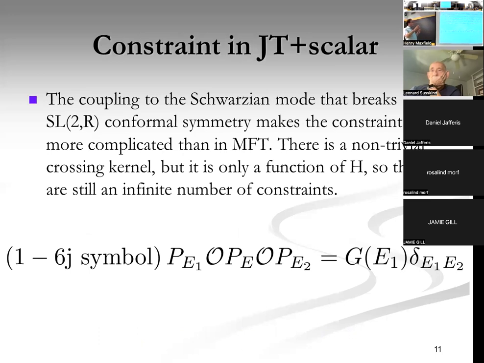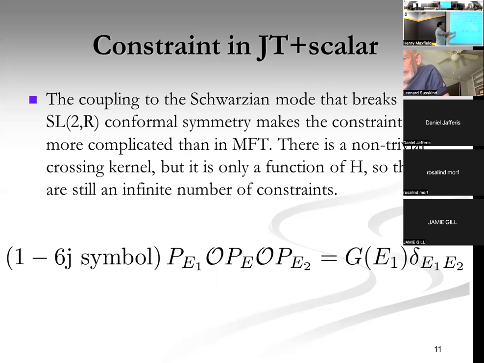So what does this mean as far as this constraint? Well, now the constraint is more complicated because it's not just mean field theory anymore. There's a non-trivial crossing term. So we can write the constraint in the following way. We have our product of 2 O's, and then these are supposed to be projectors onto a narrow band of energies put between them.